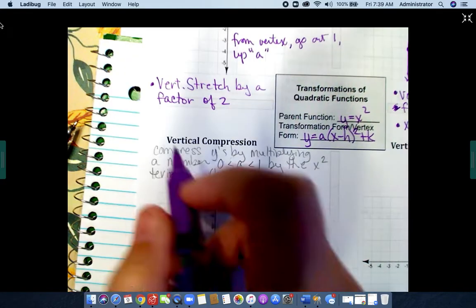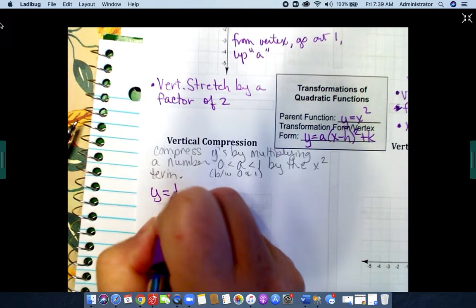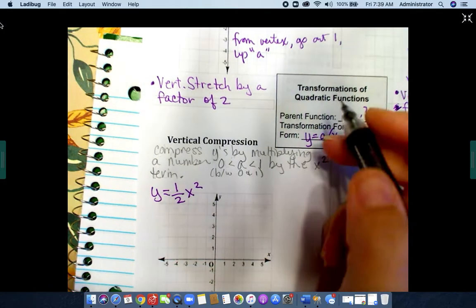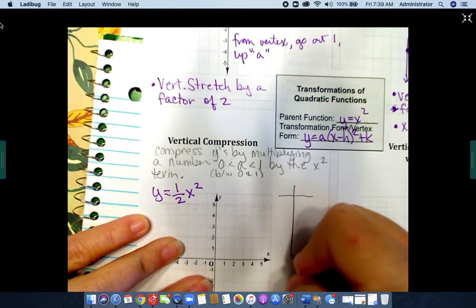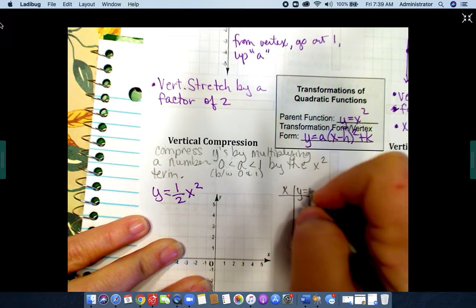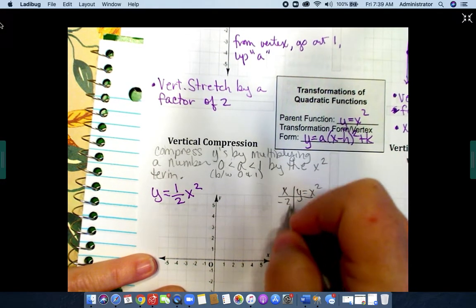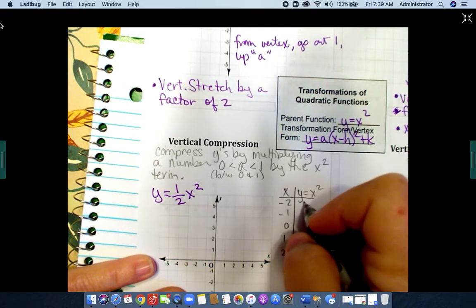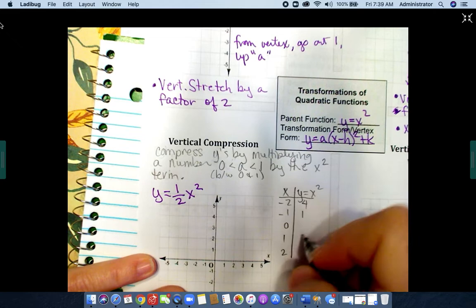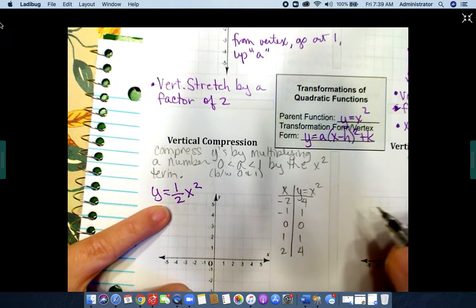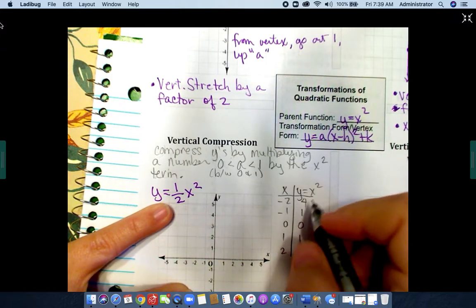So in other words, if I give you y equals 1/2 x squared, because 1/2 is between 0 and 1, what is that going to do to our ordered pairs? Let's consider that table that we did a minute ago, where y values are x squared. If I square them again, I get 4, 1, 0, 1, and 4. But now I'm multiplying by a half.